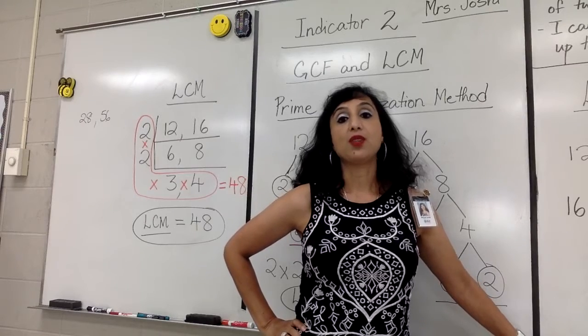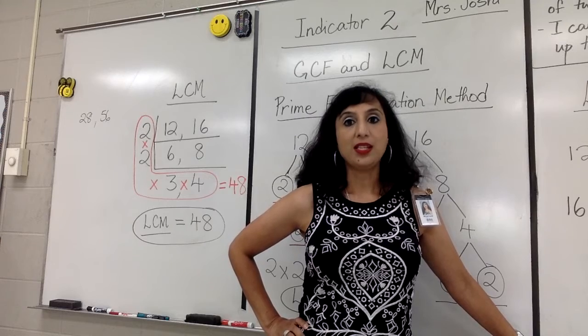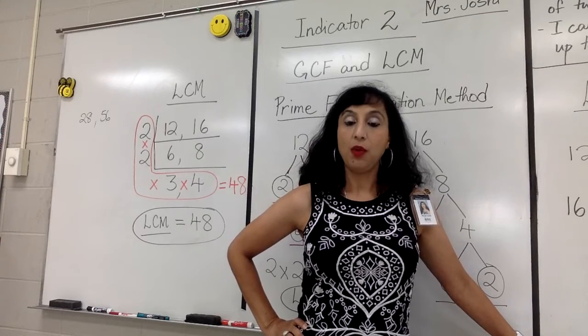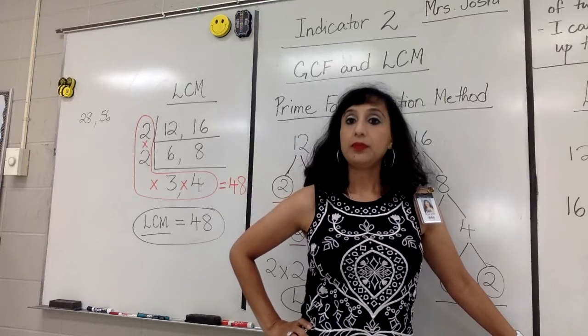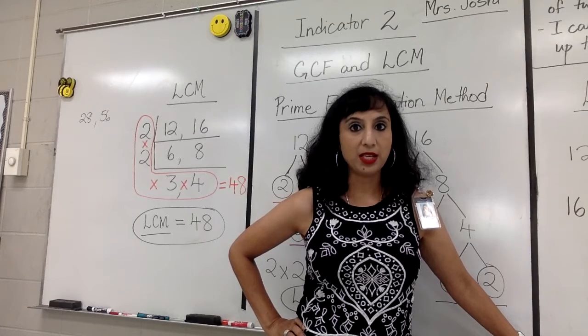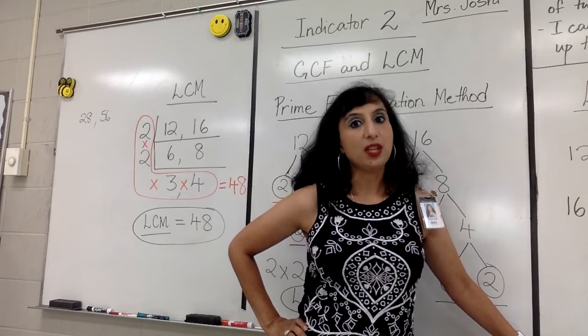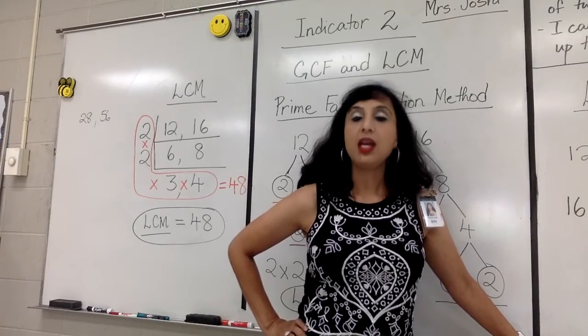So therefore, factors will be smaller than the product. So therefore, your answer, the greatest common factor, will either be less than or equal to one of the numbers. And you are welcome to use any of the methods I taught you, the factor method, the prime factorization method, or the upside down cake method.